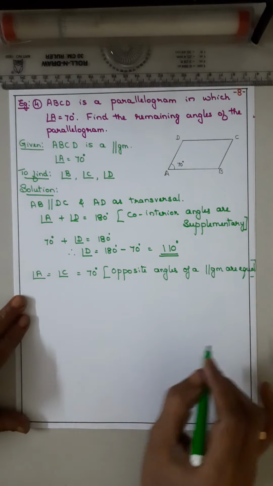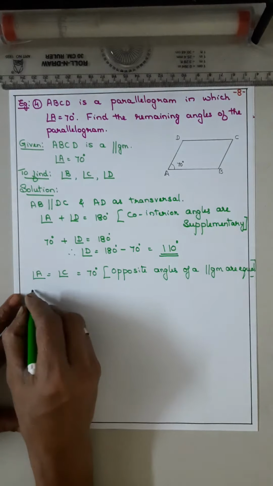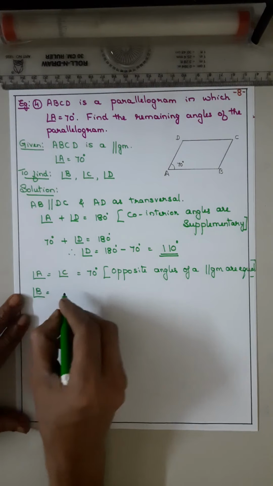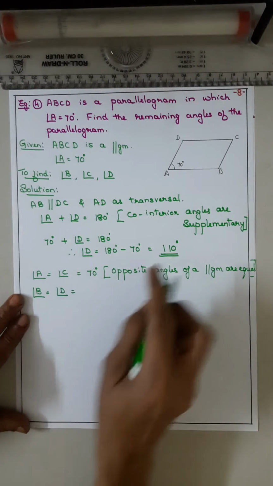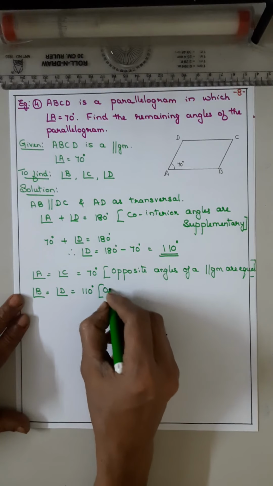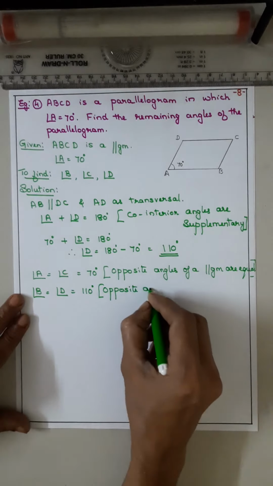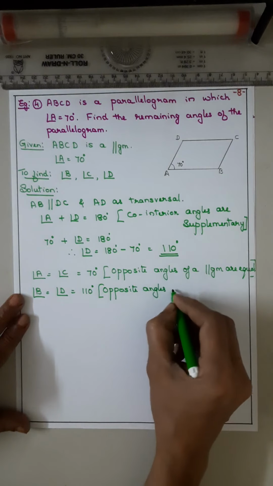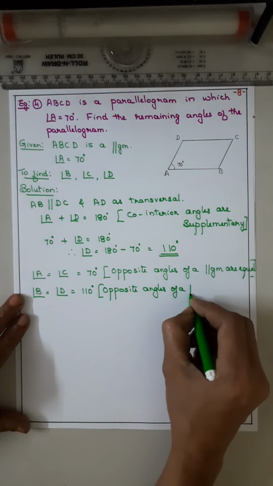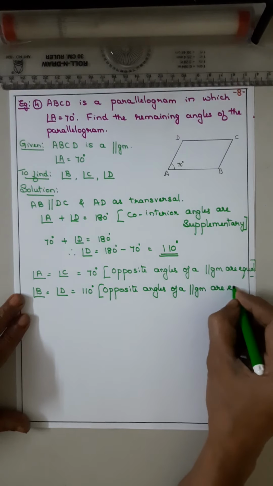All the properties you should remember. Now, angle B is equal to angle D. How much did you get? 110 degrees. Again you write why? Opposite angles of a parallelogram are equal.